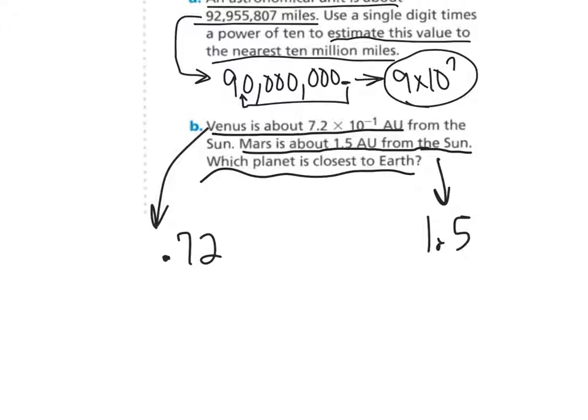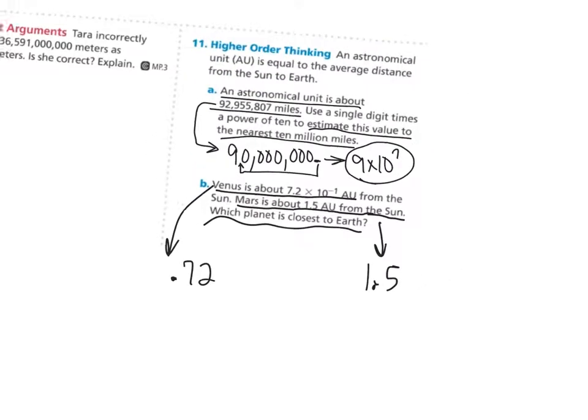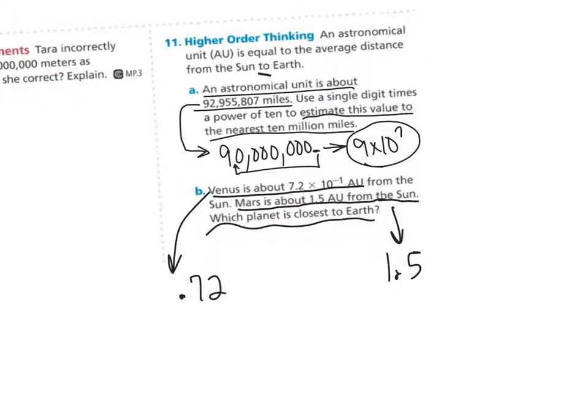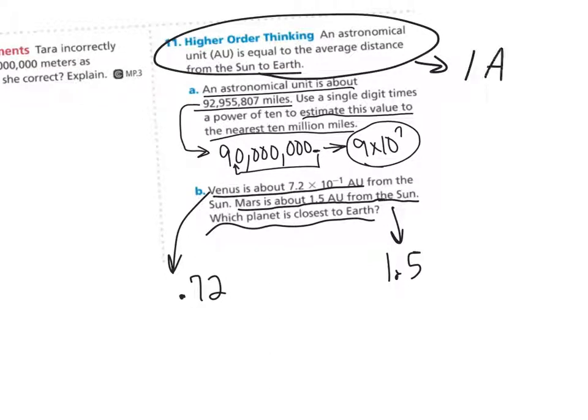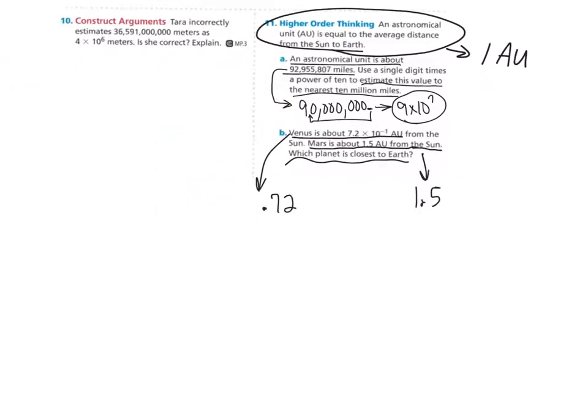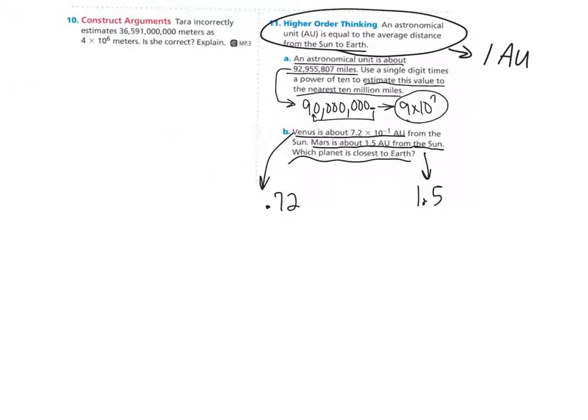So from what they told us at the very beginning, I was missing out on this fact, but this is saying that the Earth is on average 1 astronomical unit from the sun. So at that point, what we could do is see how far away these are from each other.